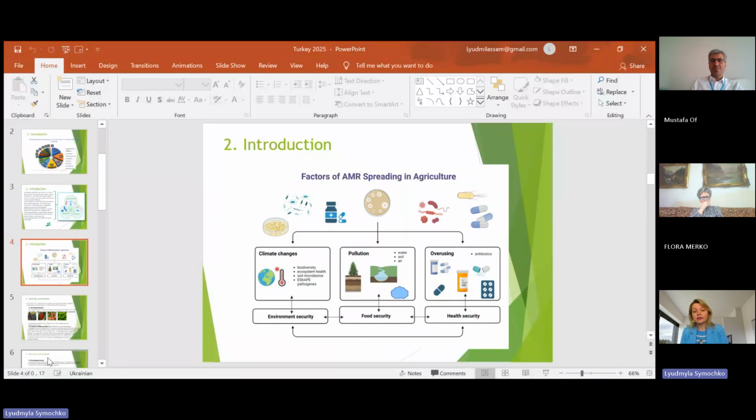Another important factor is pollution, not only by antibiotics generally, but heavy metals, different organic compounds, and so on. And the third factor is overuse of antimicrobials, not only in the human health care system, but also on farms. And all those factors, of course, have a huge impact on environmental security, food security, and health security.